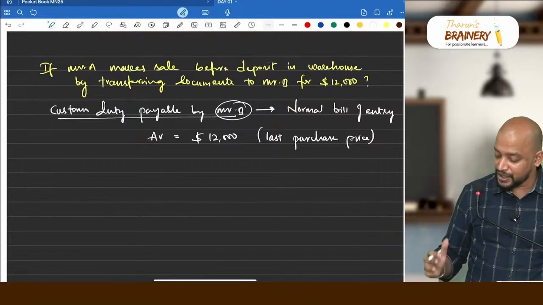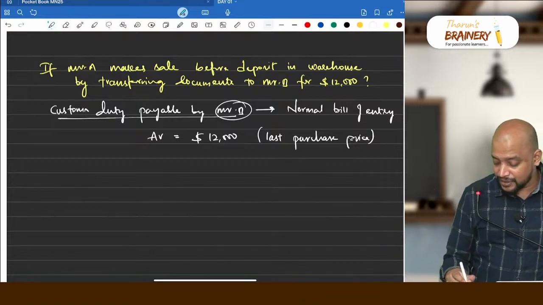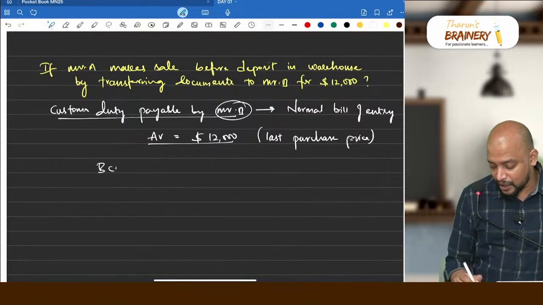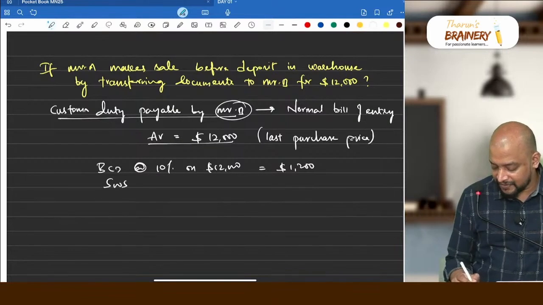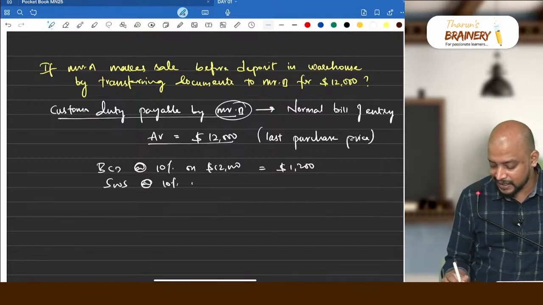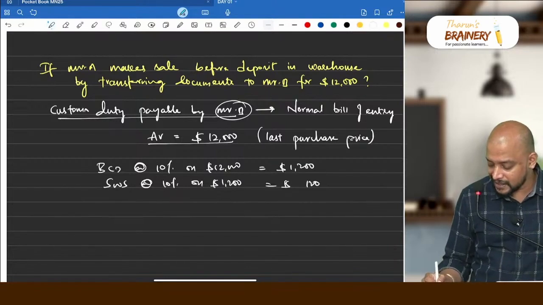So the assessable value will be $12,000, and based on that, basic customs duty at the rate of 10% on $12,000 will come to $1,200. Social welfare surcharge at the rate of 10% on $1,200 comes to $120.